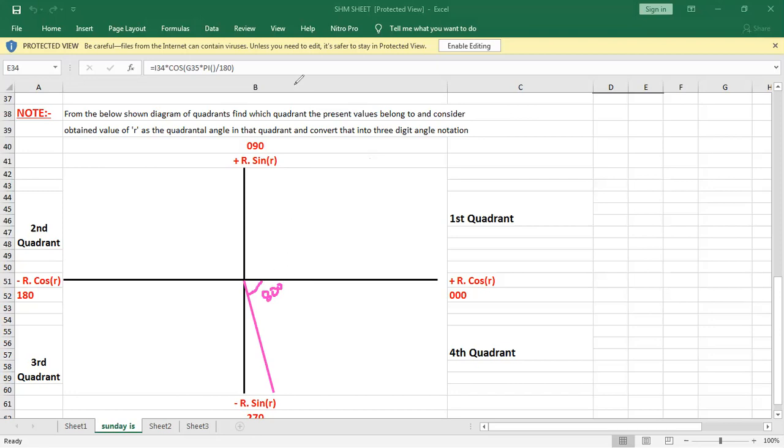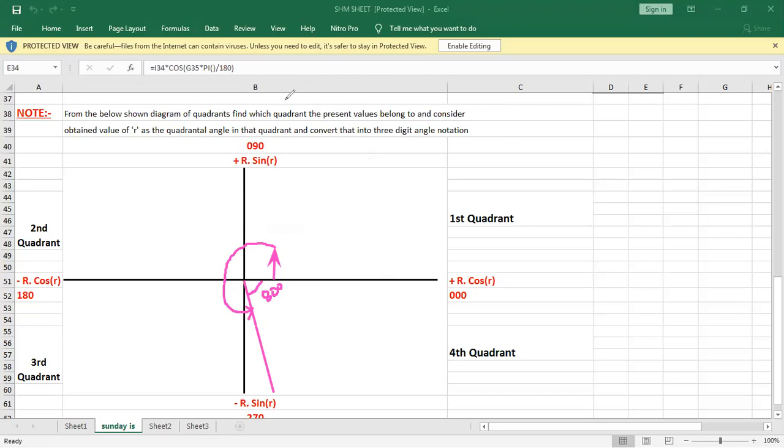But we have to calculate the angle anti-clockwise. In a compass we calculate clockwise, here we calculate anti-clockwise from this 000. So the anti-clockwise angle from 000 is our angle, which is r.